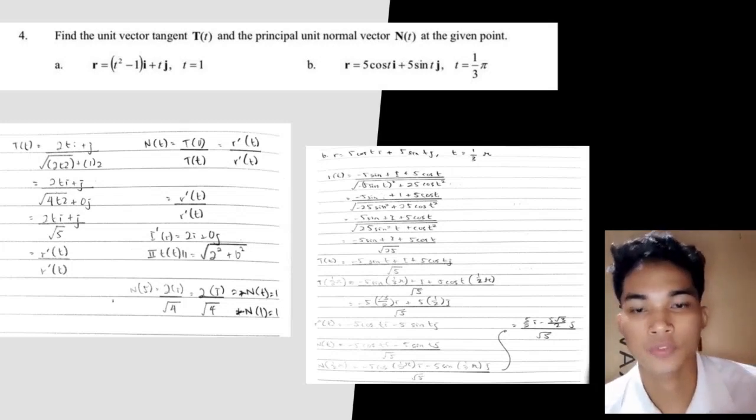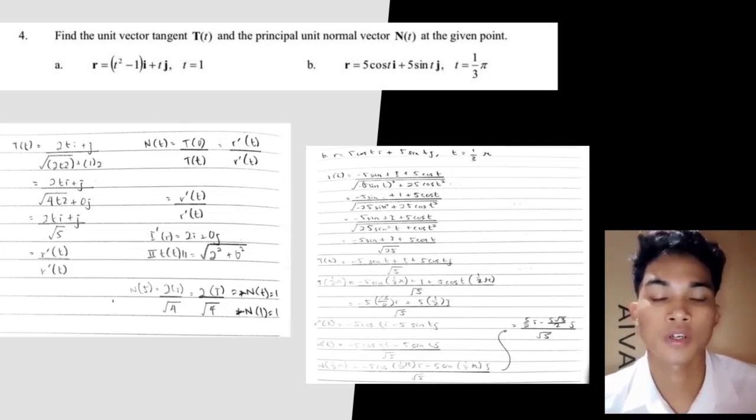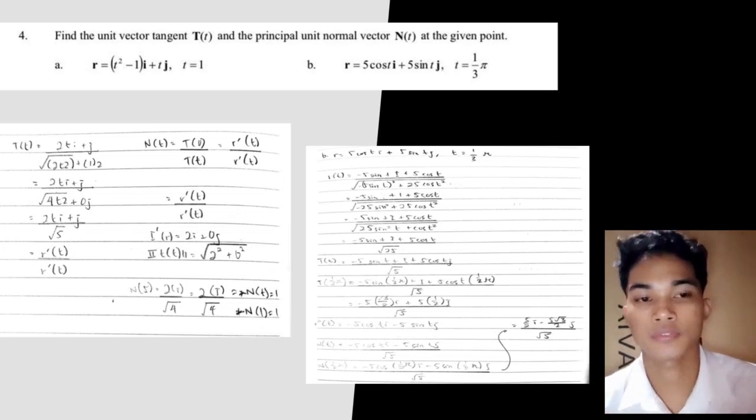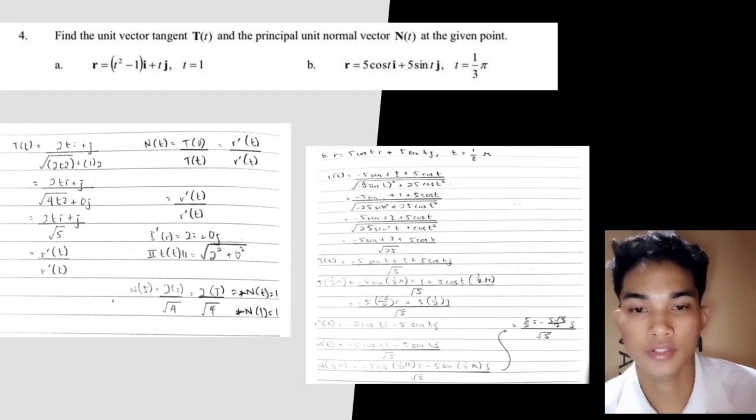Then we solve the calculation until we get minus 1 in parentheses square root 3 over 2 i plus 5 in parentheses 1 over 2 π over square root 5.